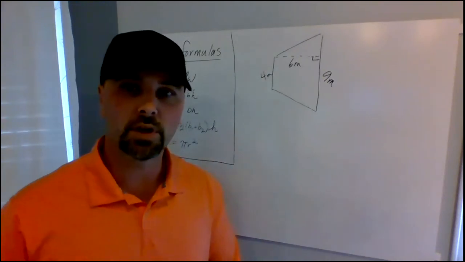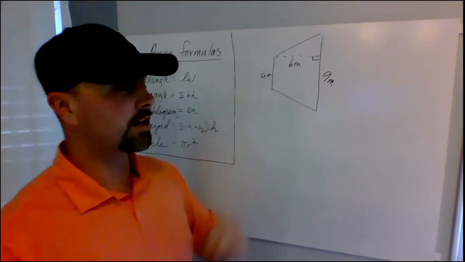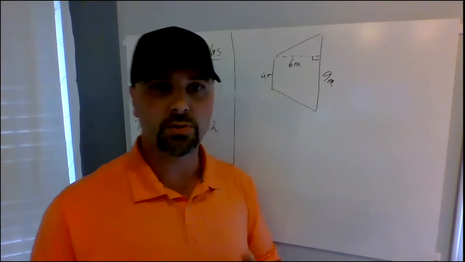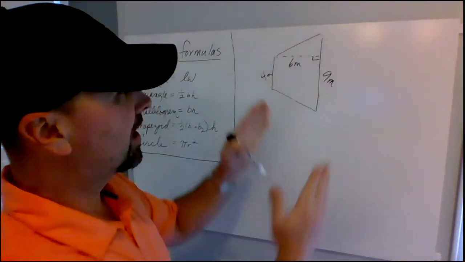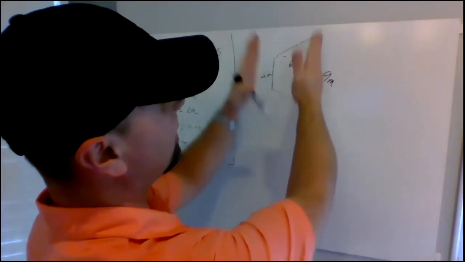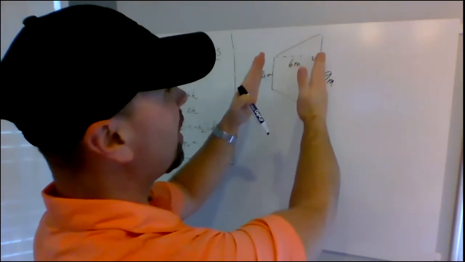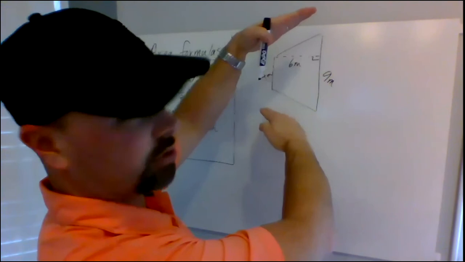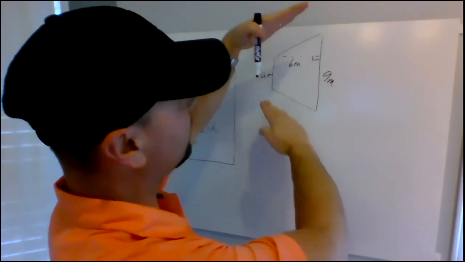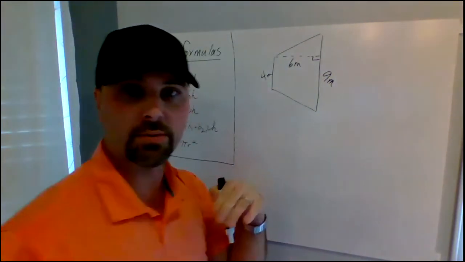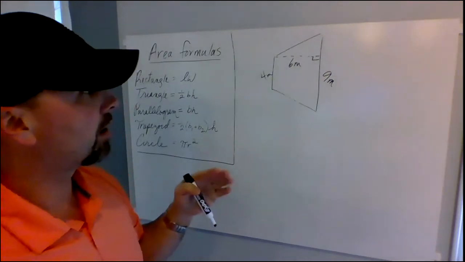Okay, here we are. So if you remember, a trapezoid is a shape that has two bases or lines, sides that are parallel to each other. But then the other two sides, so it's a quadrilateral, the other two sides are not parallel with each other, okay?